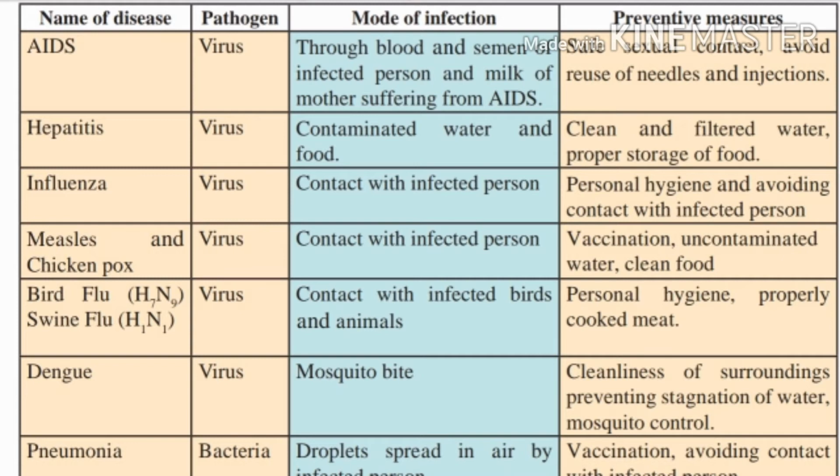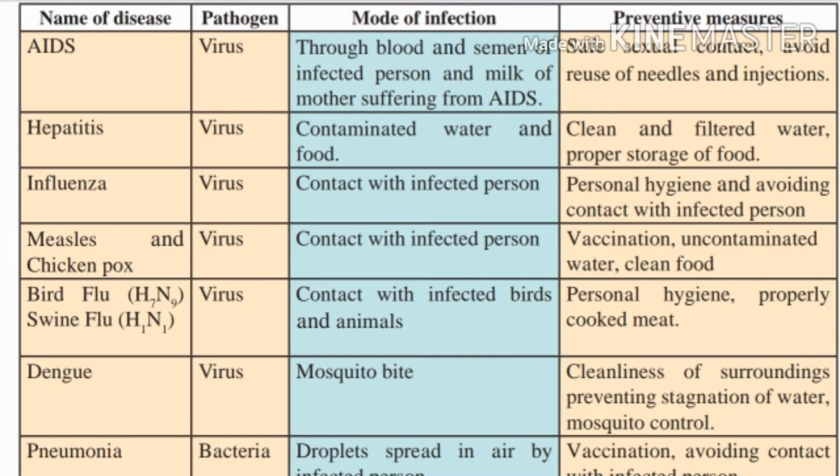Through sexual contact with an infected person also, the disease gets transmitted. A mother suffering from AIDS can also transmit this disease to a child. Then, what are the preventive measures for AIDS? Safe sexual contact and use of disposable needles and syringes are the modes of prevention.